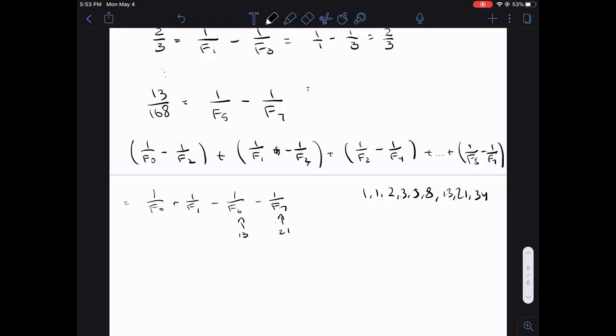This is 21. So this is just 1 over 1 plus 1 over 1 minus 1 over 13. We compute this, and it's just equal to a big number.